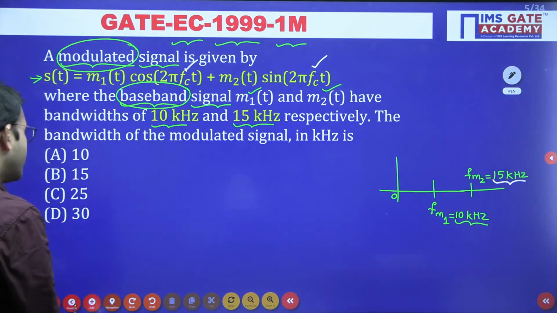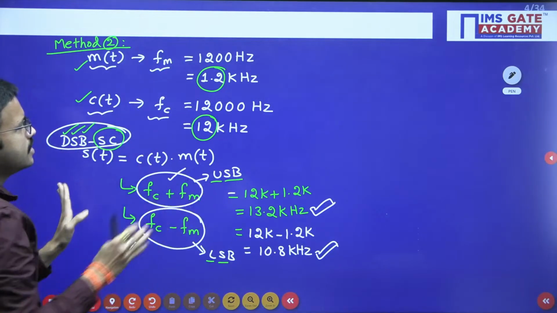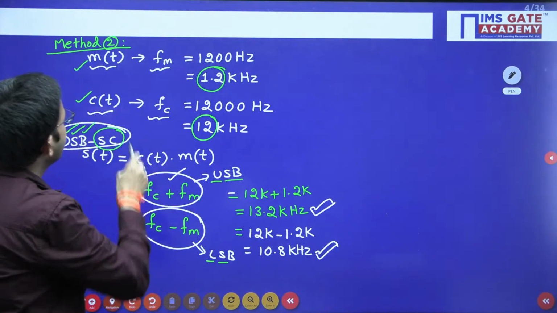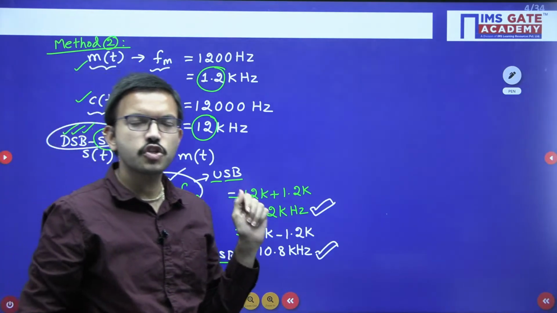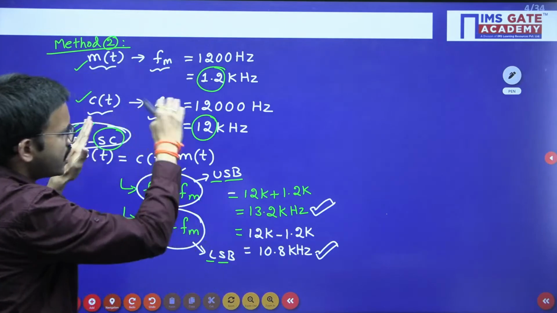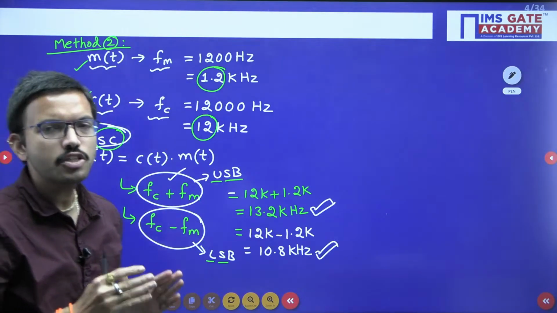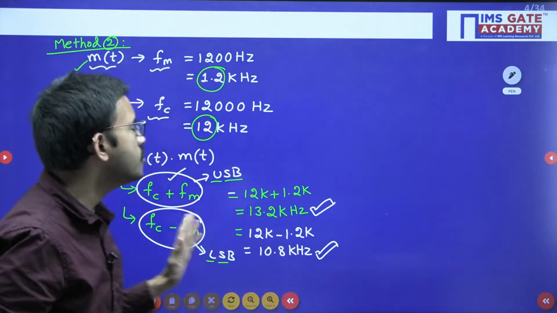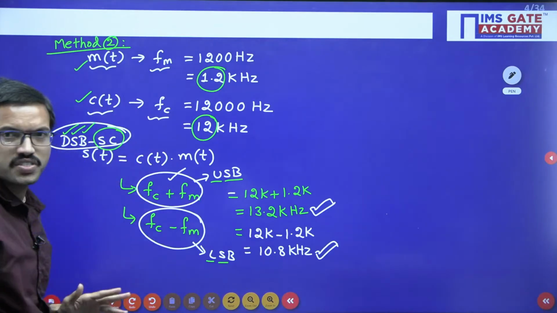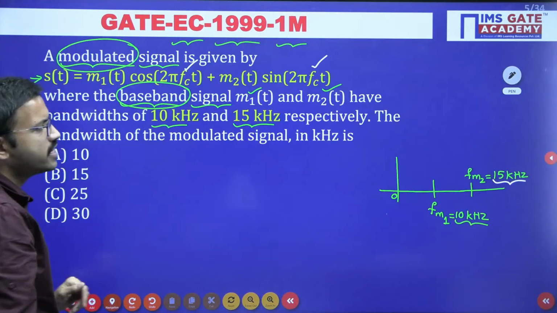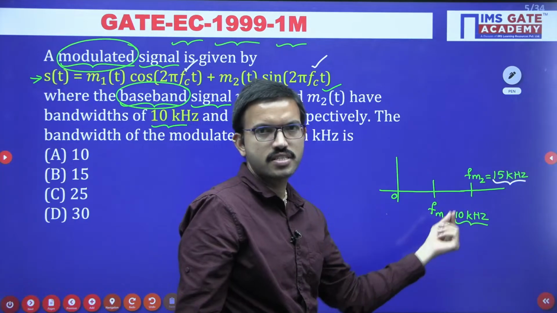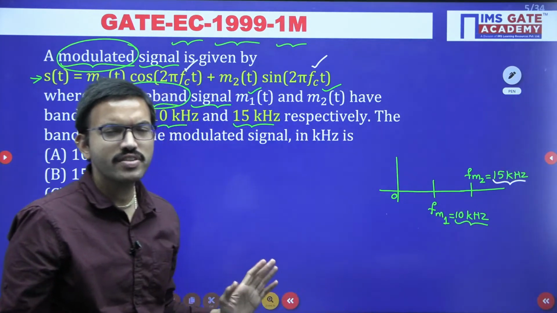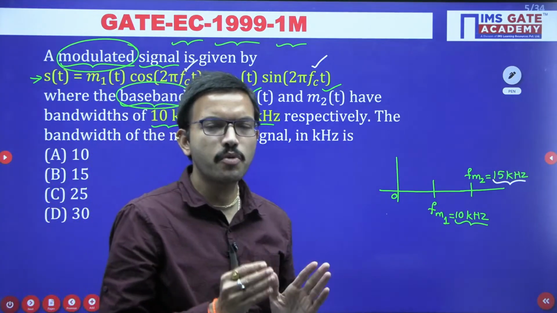In the example that we discussed earlier, the modulating signal had only one frequency, so that modulation was single tone DSBSC. Whereas here we have two frequencies in the modulating signal.